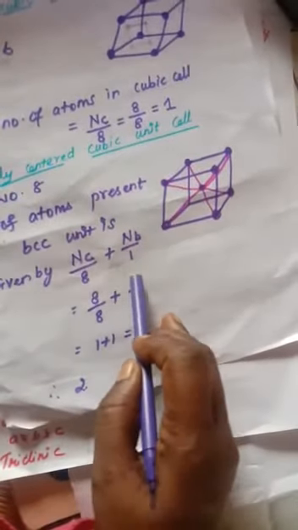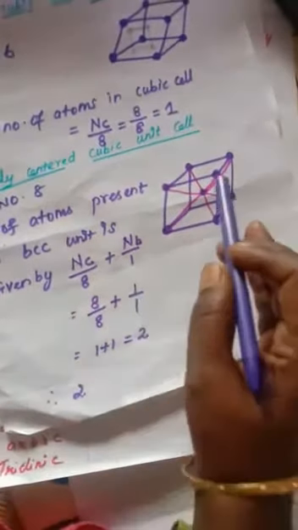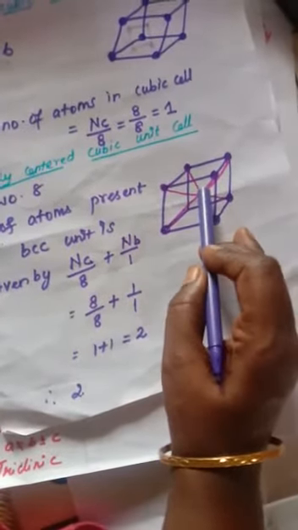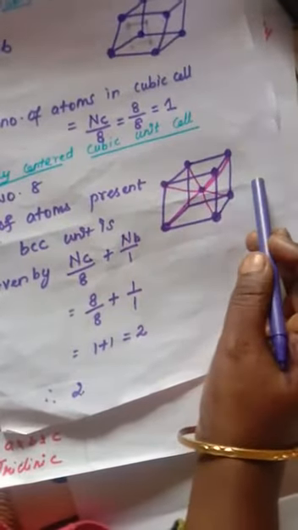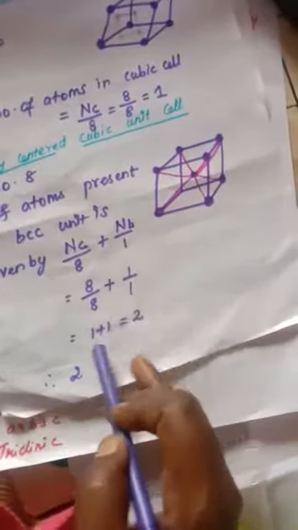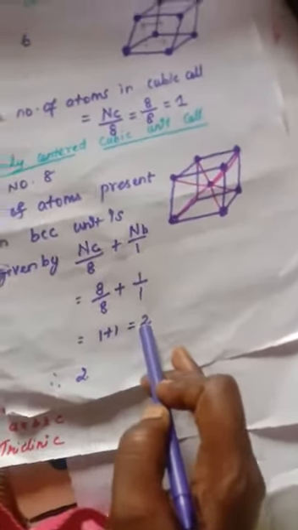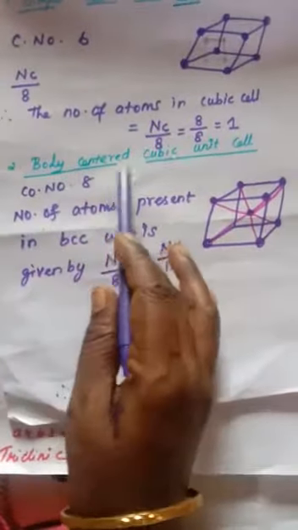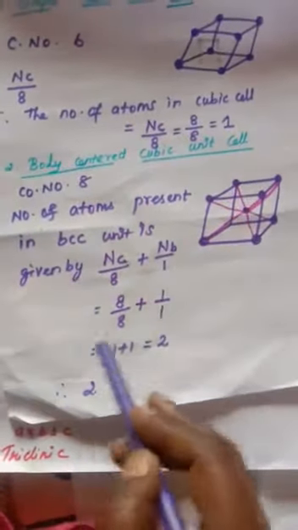I have written 1 by 1 because the one atom at the center of the body is not shared by any other unit cell. That is equal to 2. So the total number of atoms present in the body centered cubic unit cell is 2.